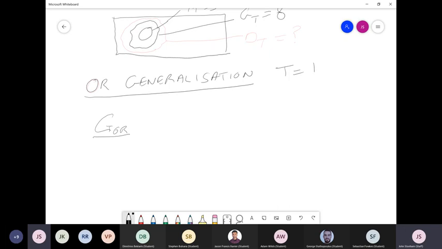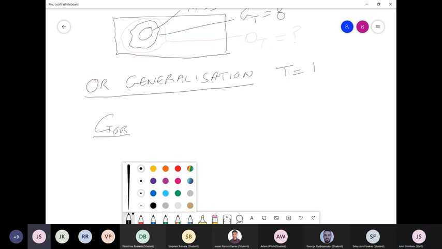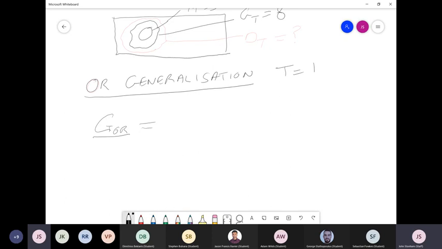GOR is the universe minus the inverse of GOR. Now, the universe we can calculate. For 9 pixels, it's 2 to the 9, it's 512 patterns.